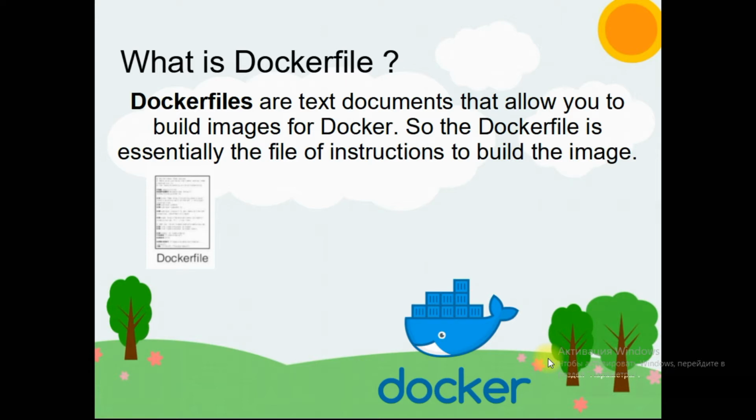So the Dockerfile is essentially a file of instructions to build the image. This is simply a file which has instructions inside. All those instructions allow you to do some steps and build an image which is going to be used for the container in the future.